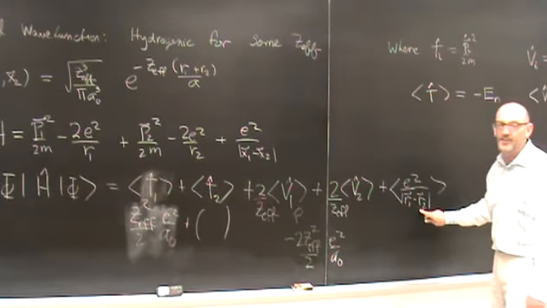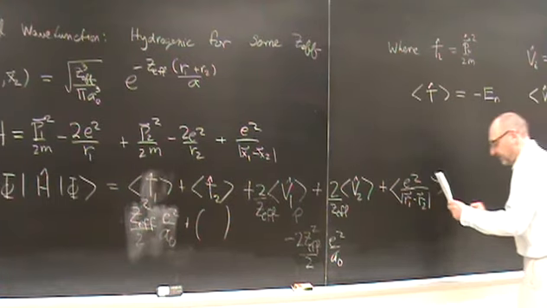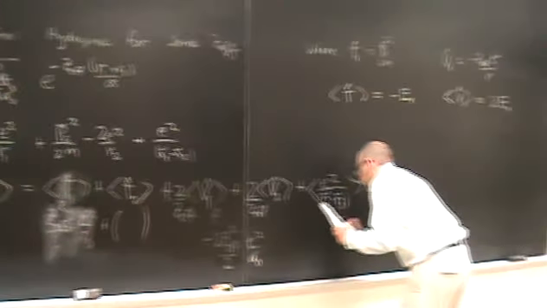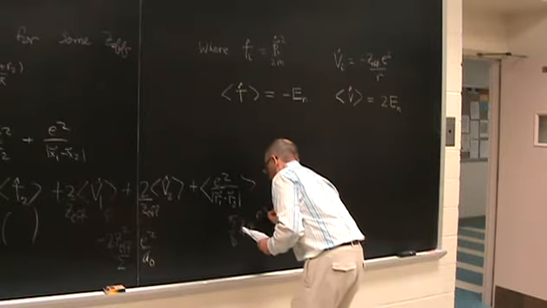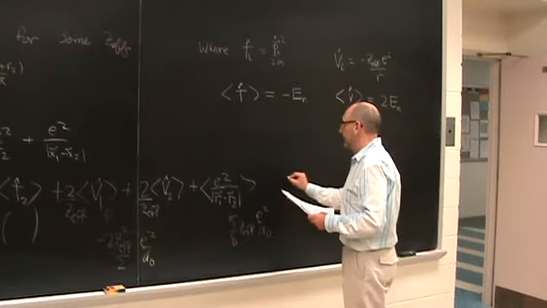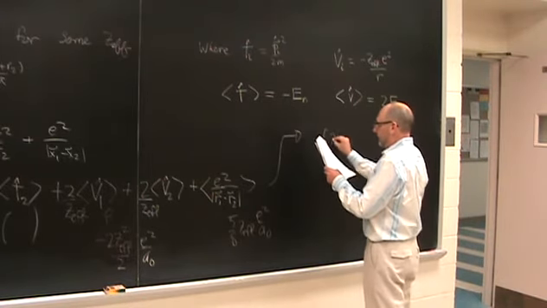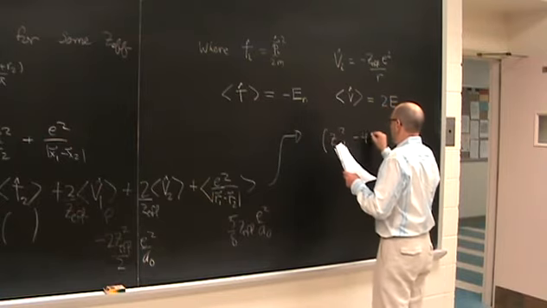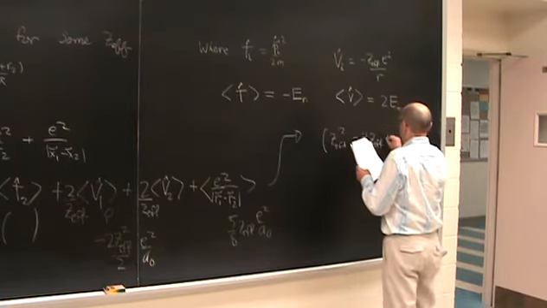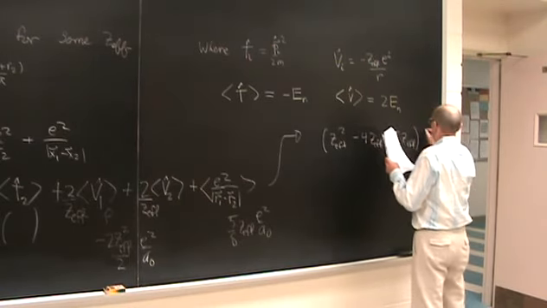And then this I have to just calculate. And luckily Sakurai did it for me. Thank you, Professor Sakurai. And the answer is this term is 5/8 Z effective e squared over a naught. The bottom line of it is that this is equal to Z effective squared minus 4 Z effective plus 5/8 Z effective times e squared over a naught.